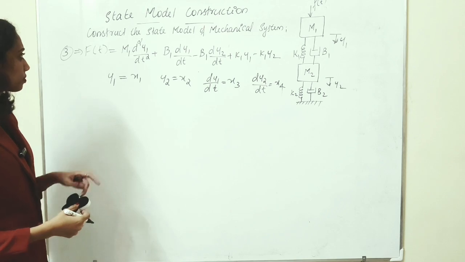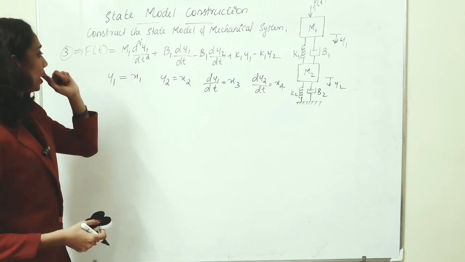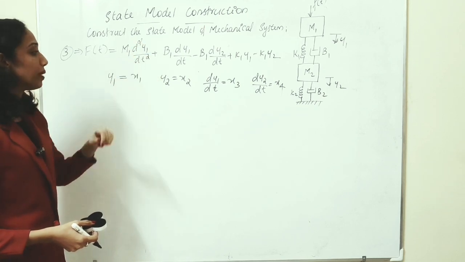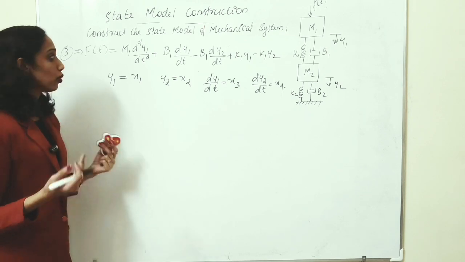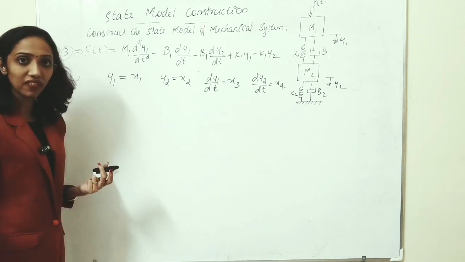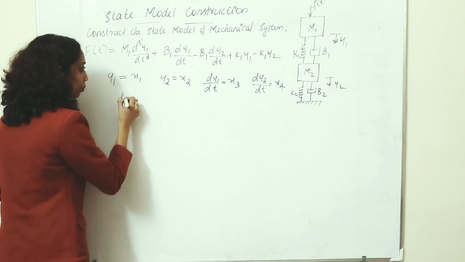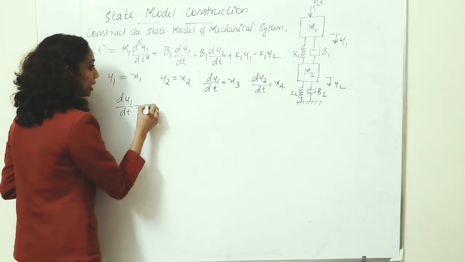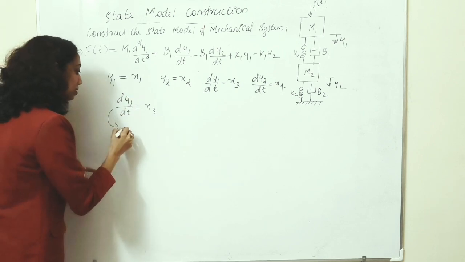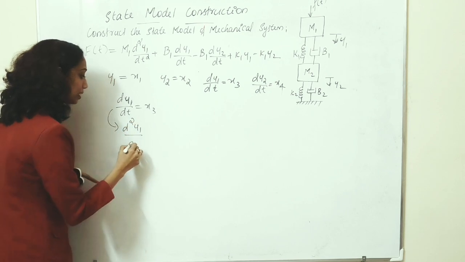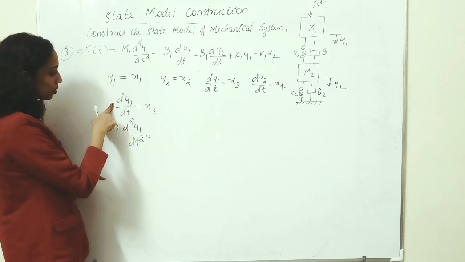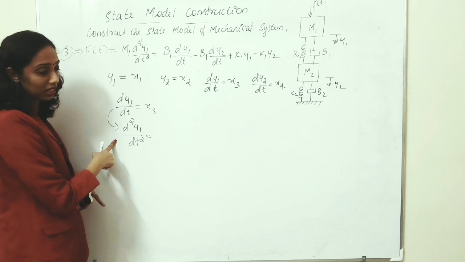In this equation, we have another derivative, the second order derivative for y1, which is d square y1 by dt square. We are not able to assign it as x5.